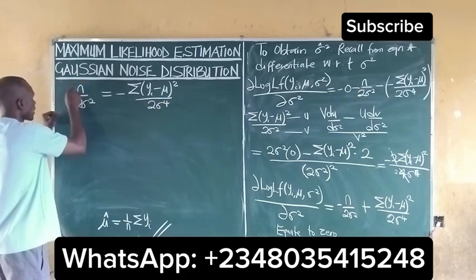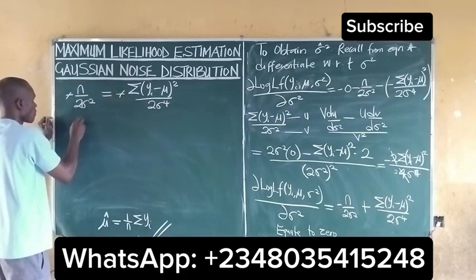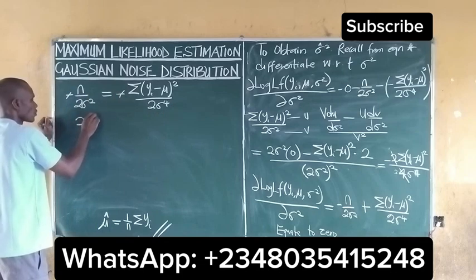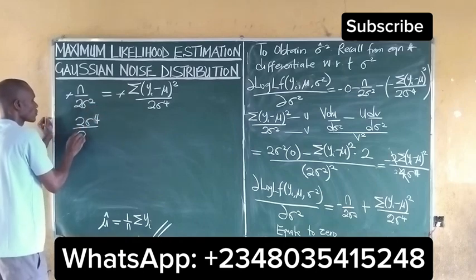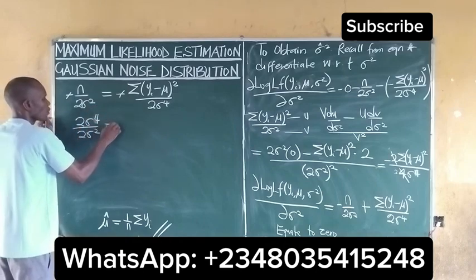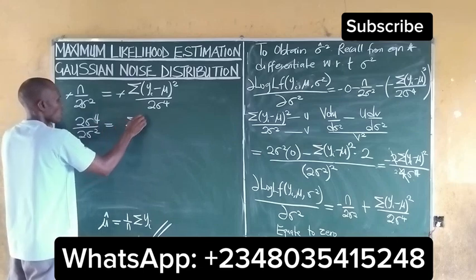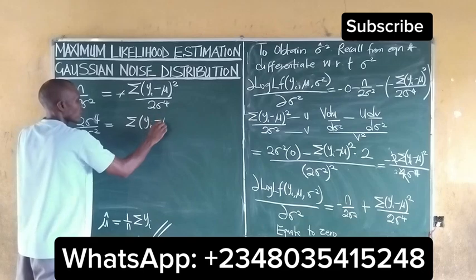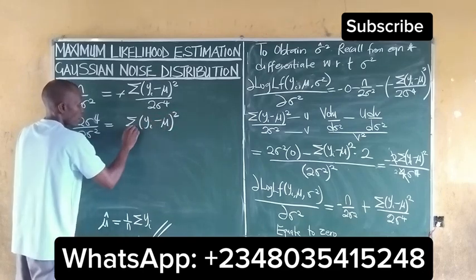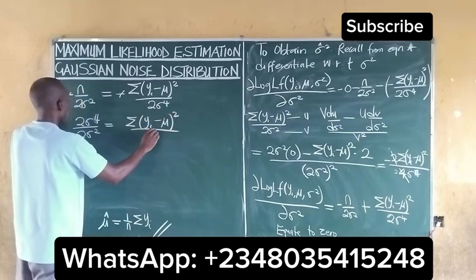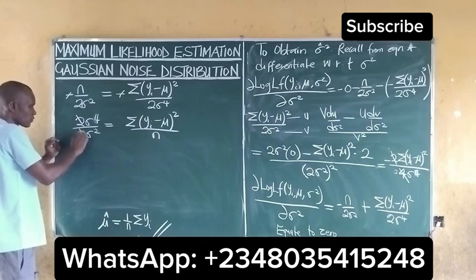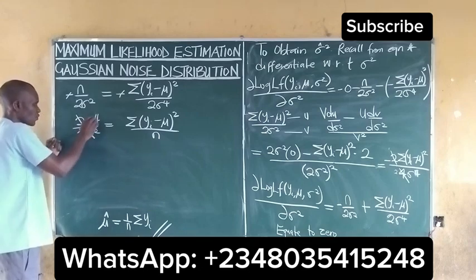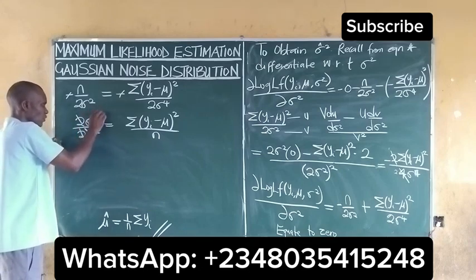So this can come over here, this will cancel this. This can come over here to give us 2 sigma 4 all over 2 sigma squared equal to summation of yi minus mu raised to the power of 2 all over n. Of course, the whole of this will cancel this to give us 2.